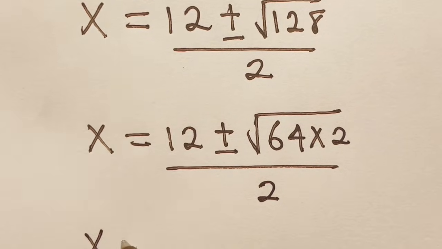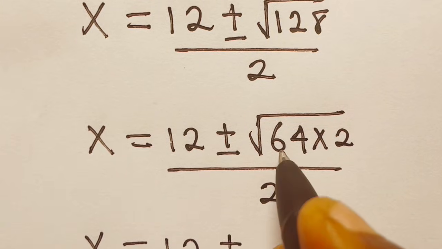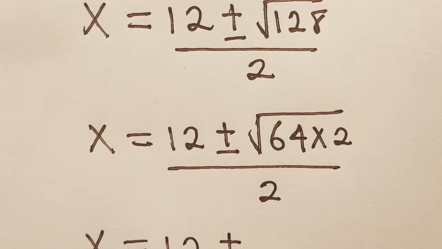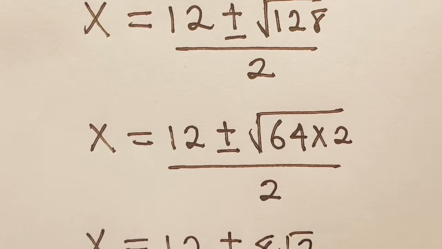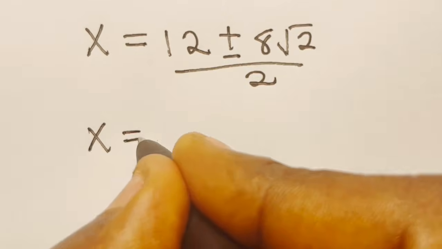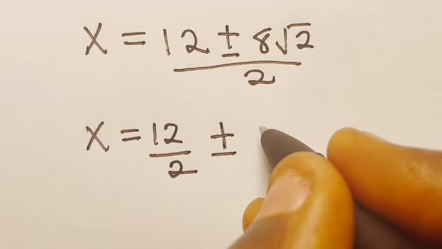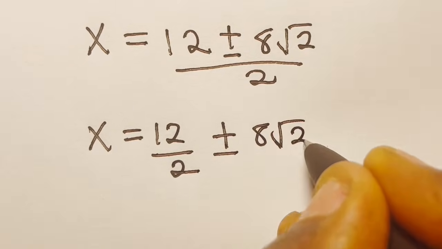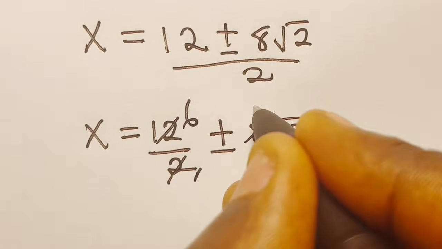Then we have x equals 12 plus or minus, square root of 64 will give us 8. So we have 8 root 2 divided by 2. Here now we have x equals 12 divided by 2 plus or minus 8 root 2 divided by 2. 2 here 1, 2 here 6. 2 here 1, 2 here 4.